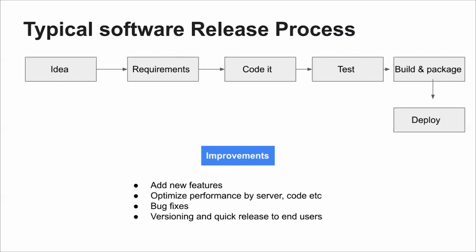Suppose somehow your first version is deployed: developers worked with the operations team, they helped, and after 1, 2, 3 days your application is deployed on a server. But once it is up and running and the end user is using your application, now you need some sort of improvement. You have some new features to add or release.